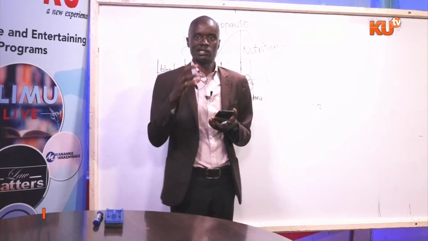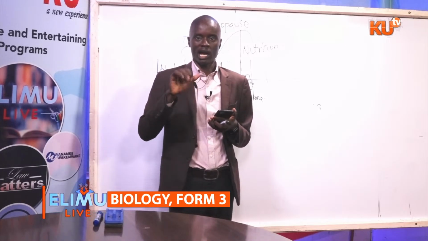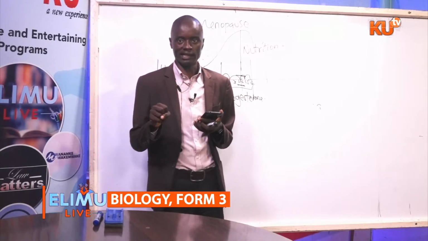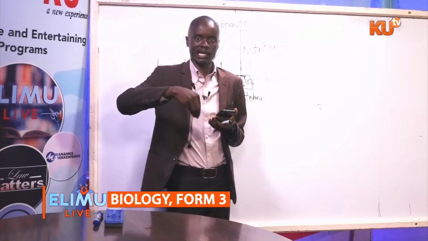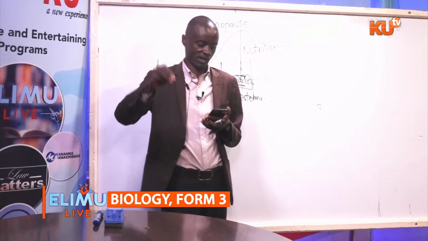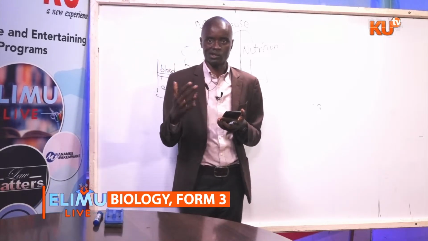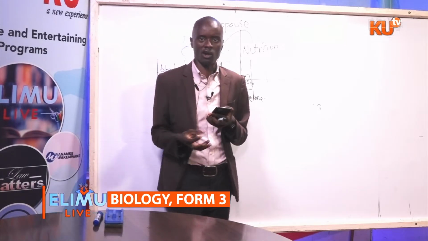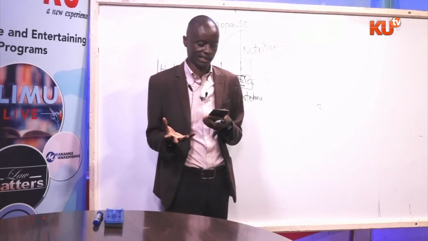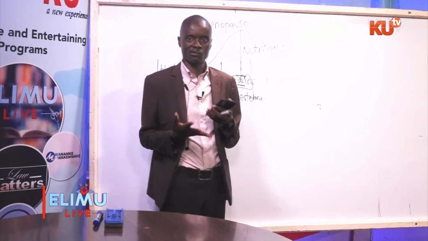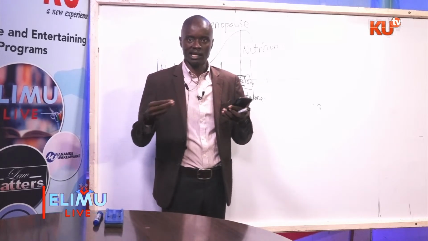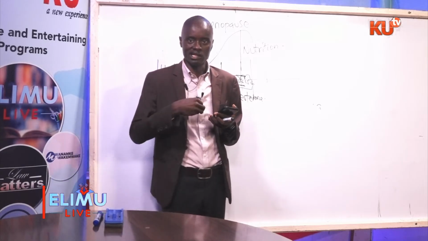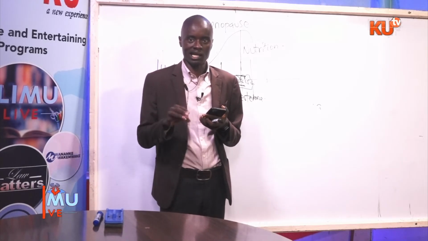Now, how is nutrition a very important component that should be integrated into the menstrual cycle? During the menstrual cycle, as we have seen, there is a loss of blood. And when there's loss of blood, it means that we have to replace this blood that is lost.